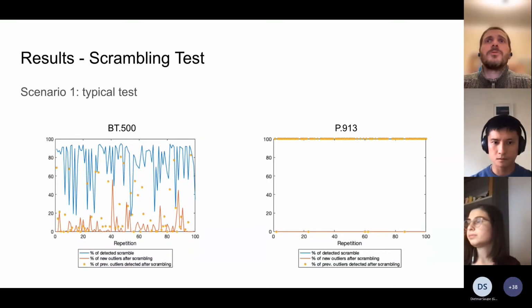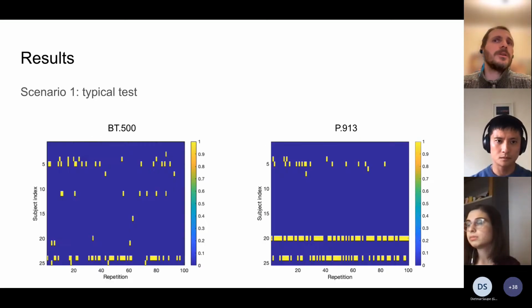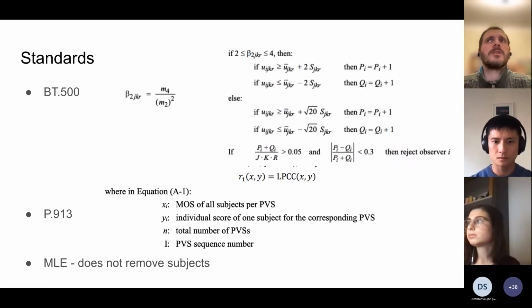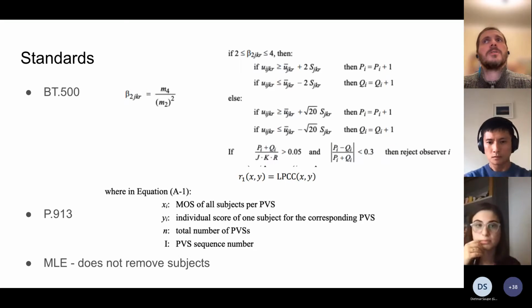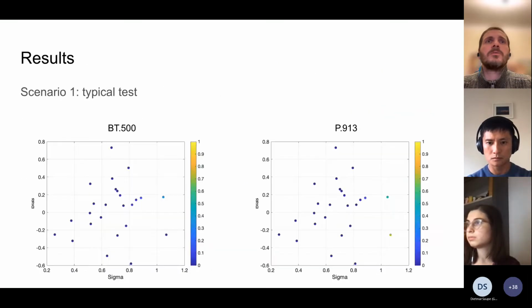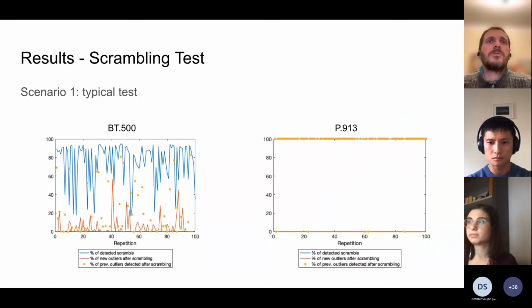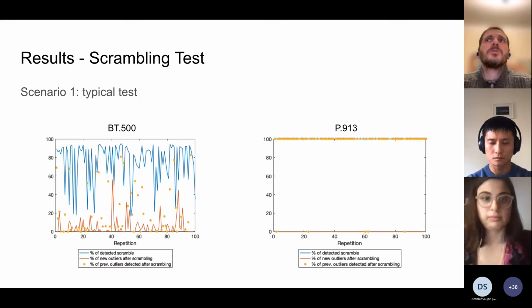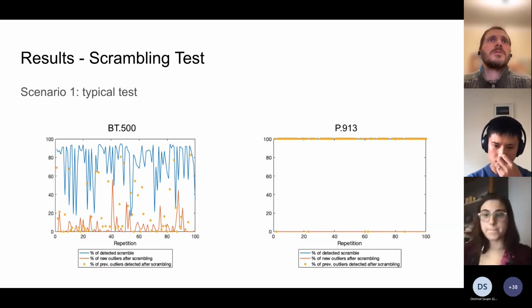Thank you for the comment. For sure, we will consider it. What is still hard for me to accept is that a scrambled person is not detected. Any method that is not detecting scrambled results is for me simply wrong, because this happens. It could happen to me that within the subjective experiment, I made an error.